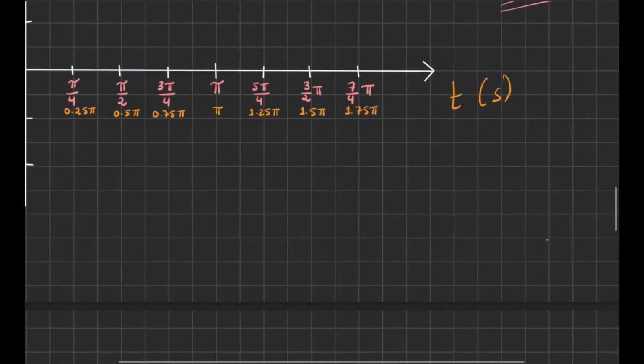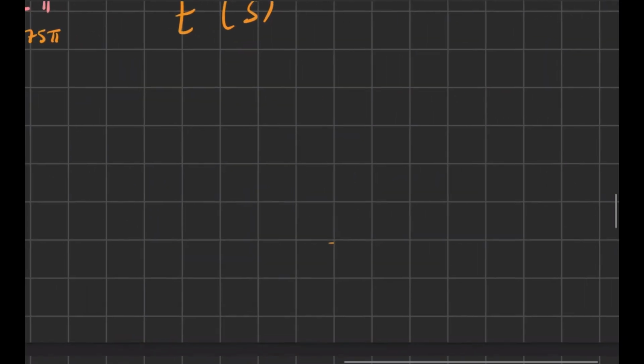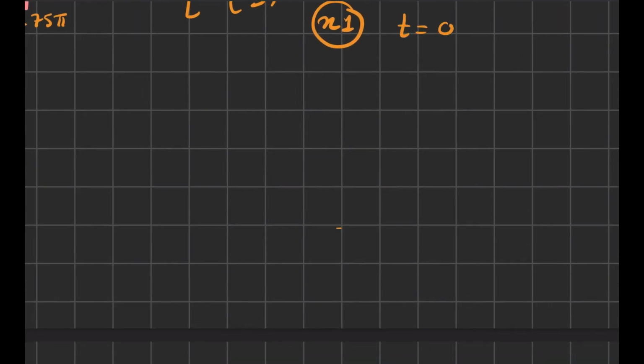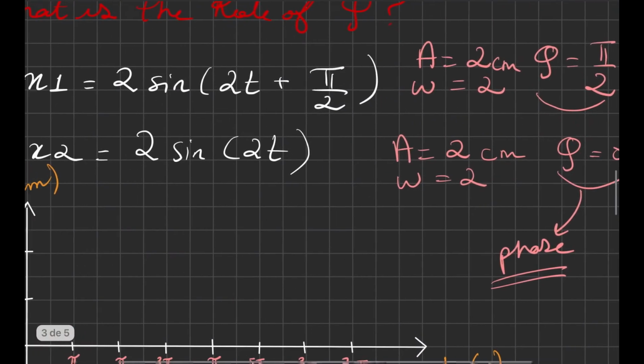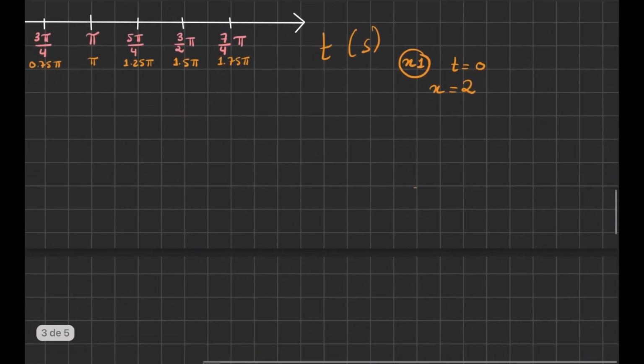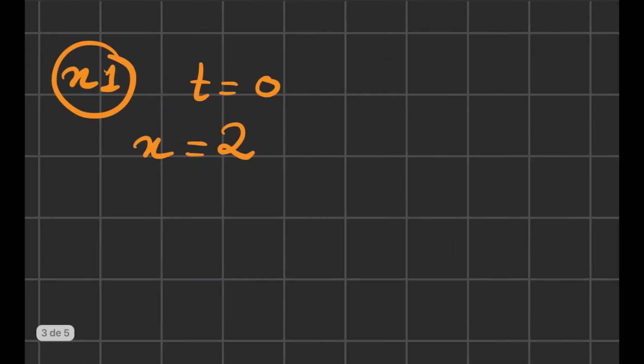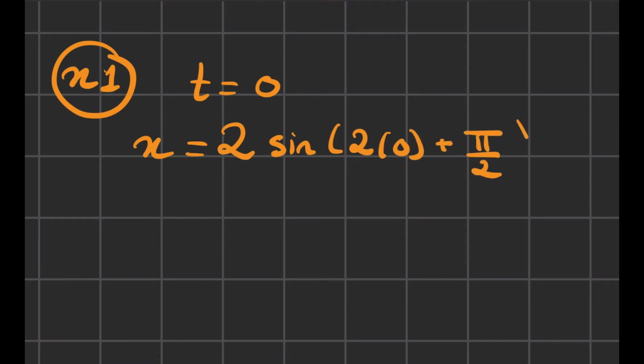Let's take x1. For t equals 0, x equals 2. Going back to our function, 2 sine(2t plus pi over 2), so 2 sine(2 times 0 plus pi over 2).